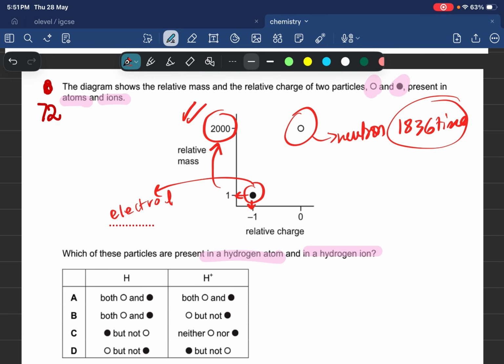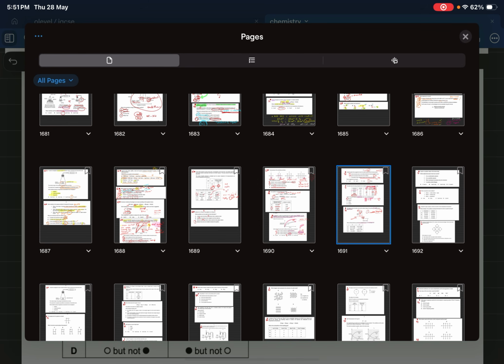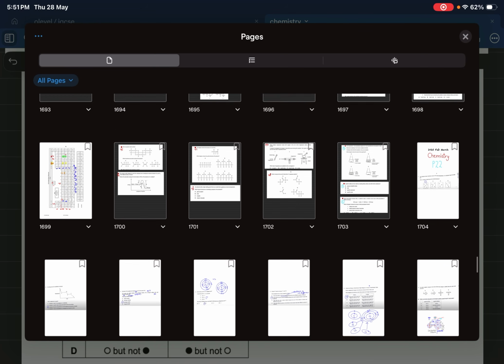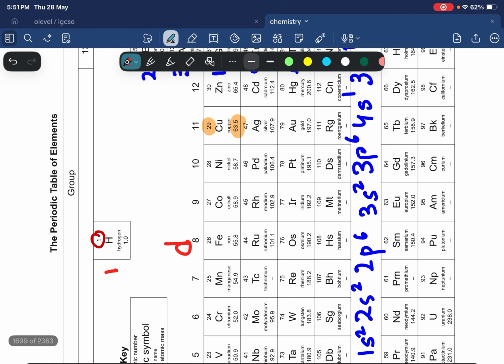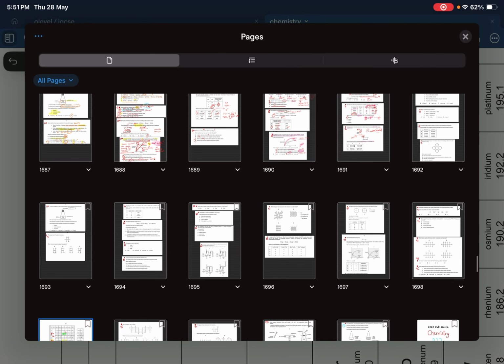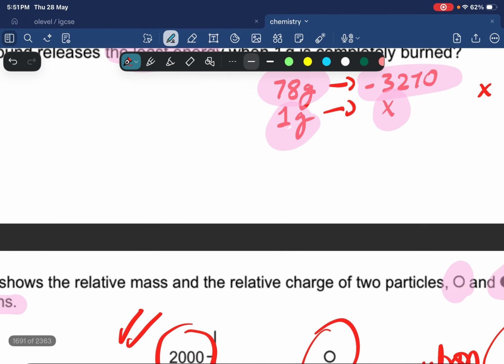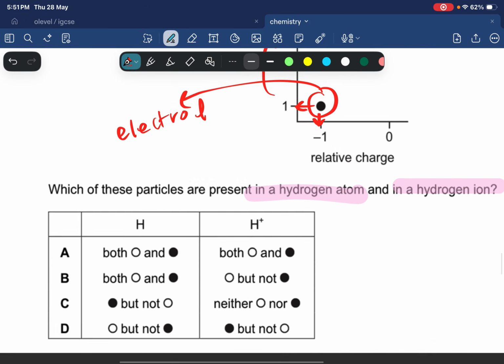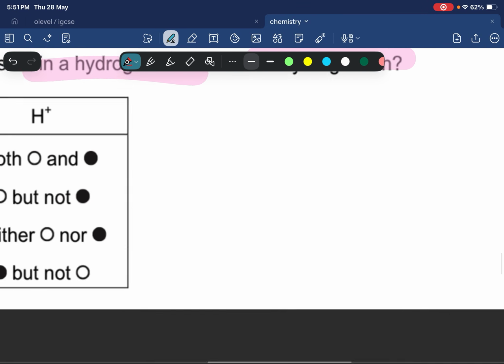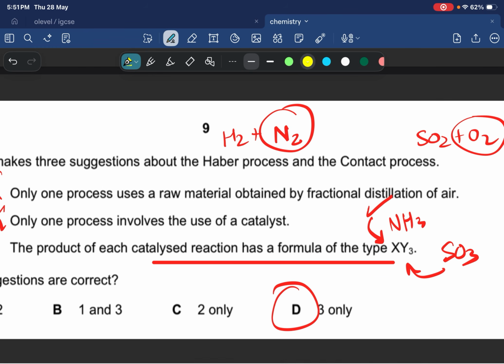Now what are they asking about? Hydrogen atom. We have to check the periodic table for the hydrogen atom. It's 1 1, which means no neutron. So this electron is present. I'm going to draw a hydrogen atom for you.